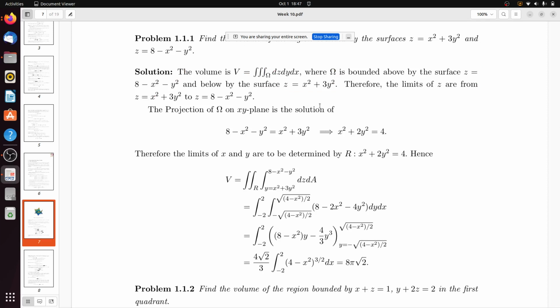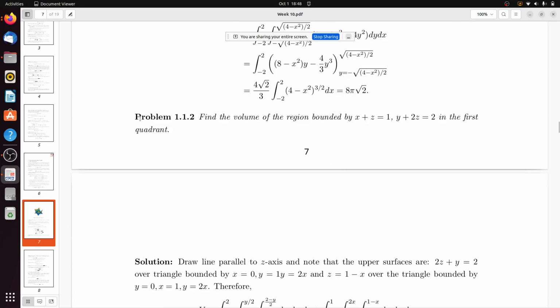So you have to put z equal to 0, and so x square plus 3y square equal to 8 minus x square minus y square. Setting phi equal to psi will give you the required interval for y. Now once again, if you want to integrate with respect to x, you just put y equal to 0 in this relation, and that will give you the corresponding limit with respect to x.